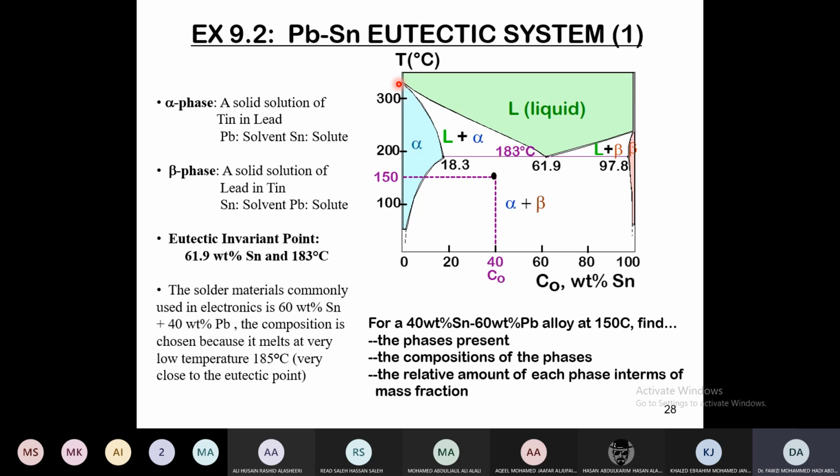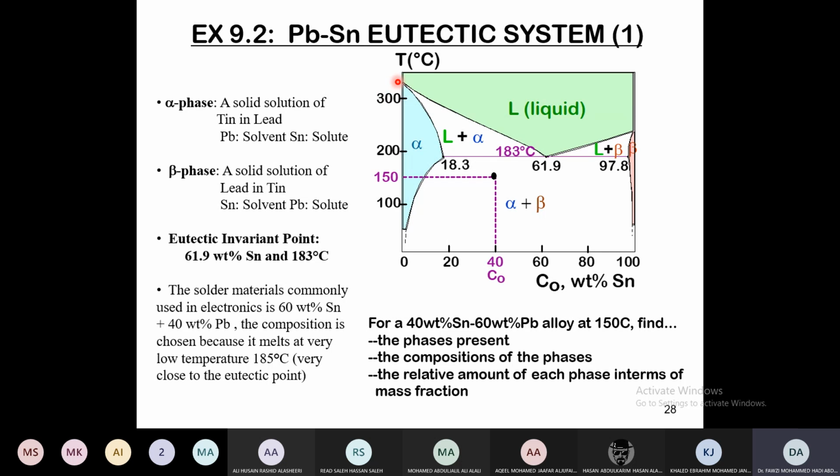Once you reach this point, since that's a pure material, this is the behavior of pure material, they melt at a point, remember? Unlike when you have an alloy, except for the eutectic point, they melt across a range of temperature. So where does it melt? It melts at something like 330 degrees centigrade. It melts there. It becomes a liquid.